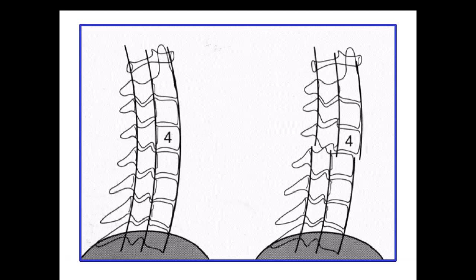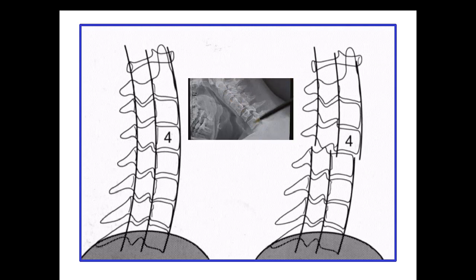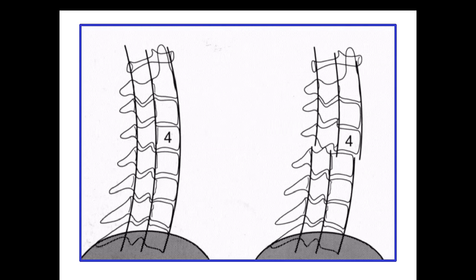Remember, on the lateral view, we're looking for our lines, and we're also looking for the soft tissue, the air in the trachea, and the alignment of the vertebral bodies. If we have a difference in the vertebral body width, if it is 50% or less, it would be a unilateral dislocation.